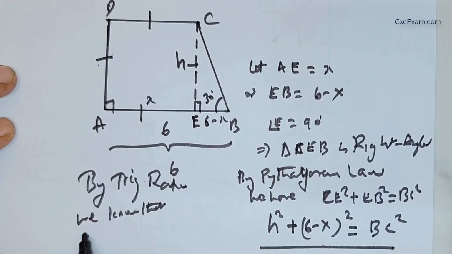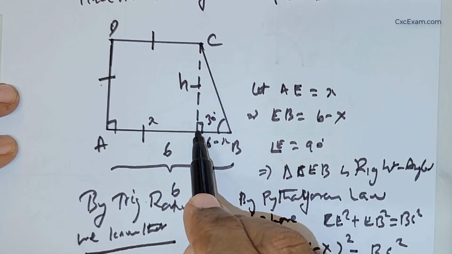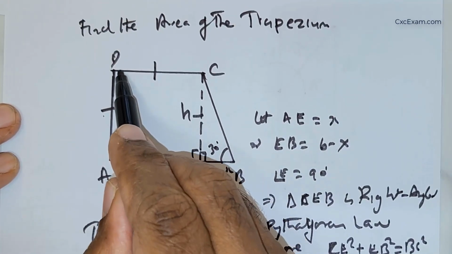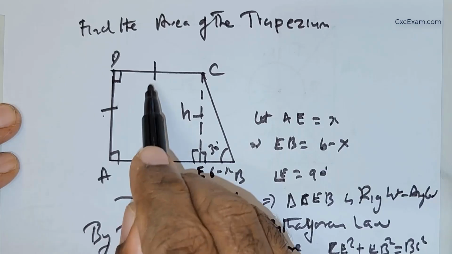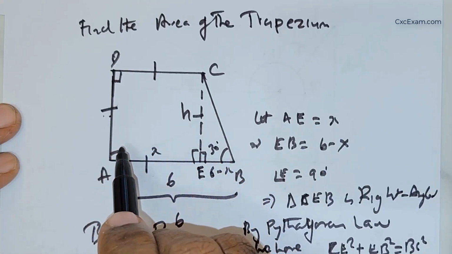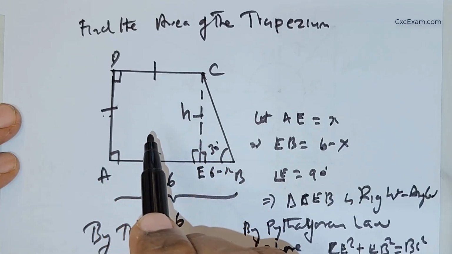Before we employ the trig ratio, clearly this is a perpendicular, so this is 90, so this will also be 90, right? And clearly this is going to be 90 because these two sides are one and the same.